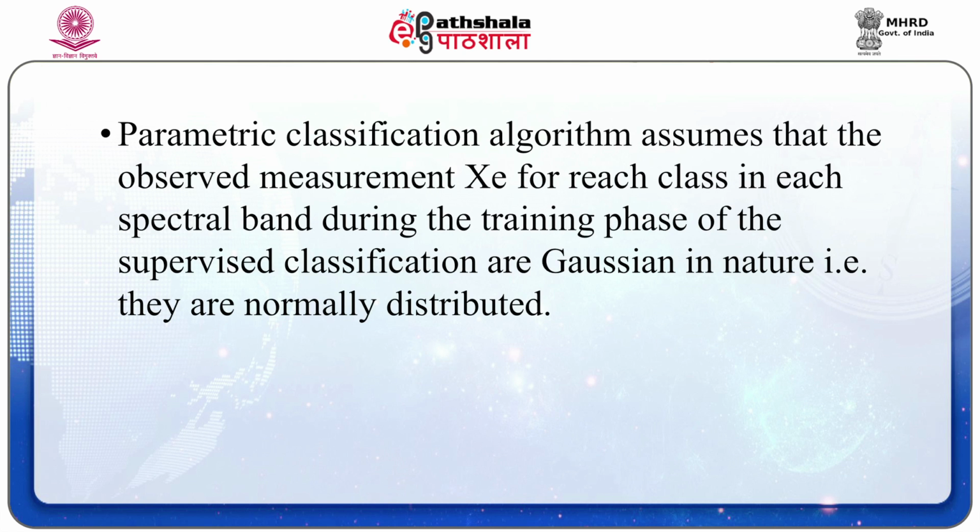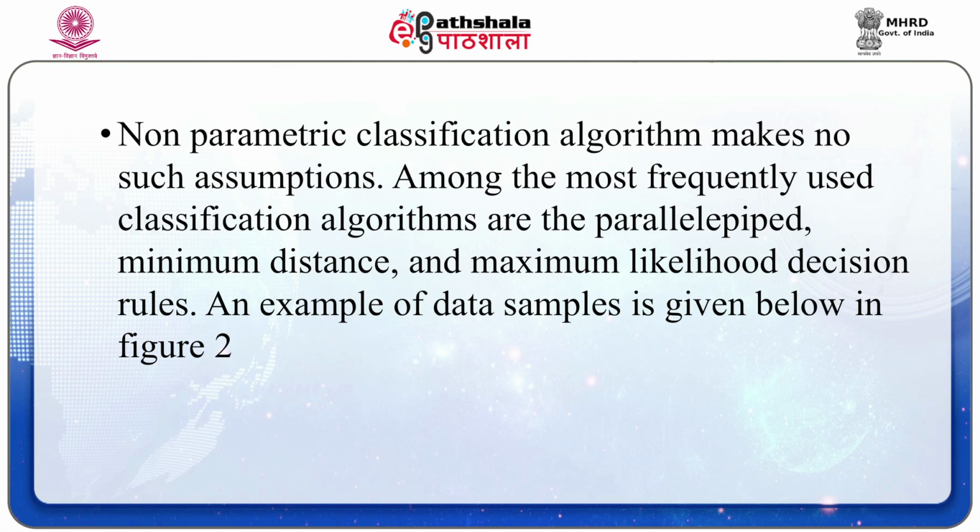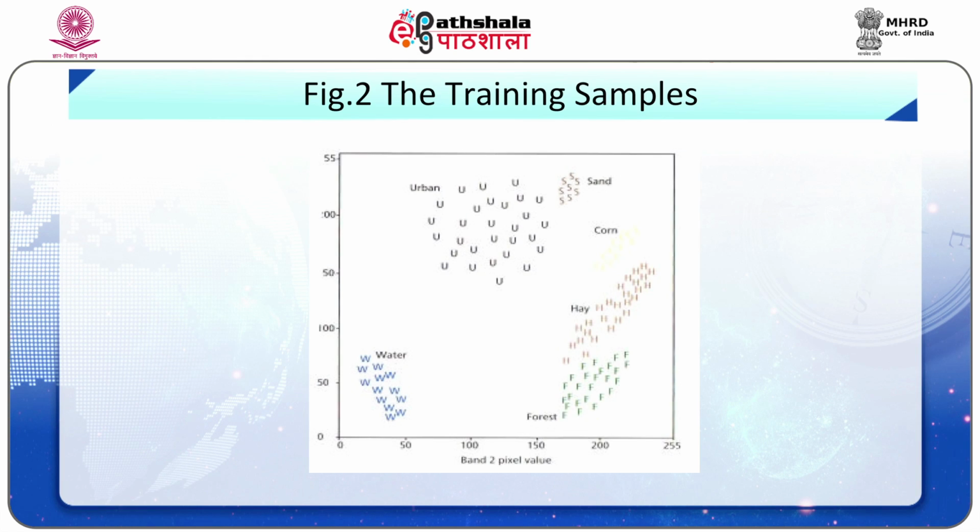Parametric classification algorithms assume that the observed measurement vectors Xc for each class in each spectral band during the training phase of the supervised classification are Gaussian in nature, that is, they are normally distributed. Non-parametric classification algorithms make no such assumptions. Among the most frequently used classification algorithms are the parallelepiped, minimum distance, and maximum likelihood decision rules. An example of the data samples is given in figure number 2.